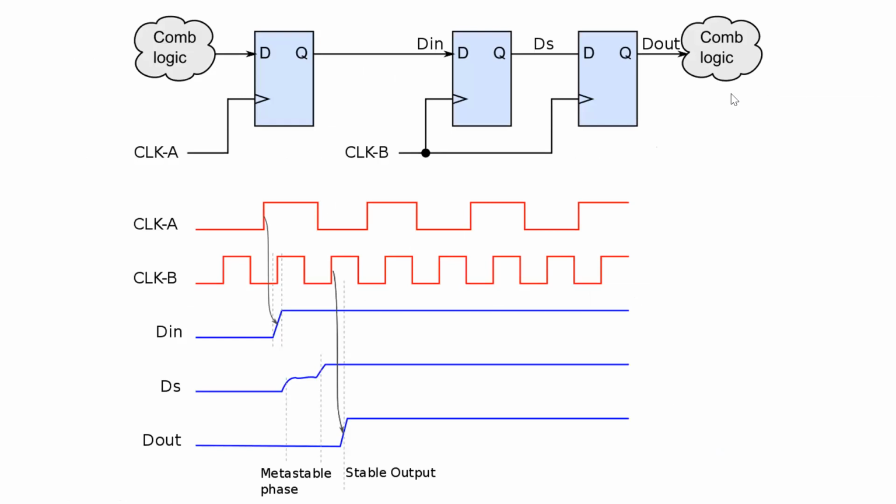Another example is this one. I have here combinational logic. I have this D, I have this Q, and this is clock A, feeding this system with clock B. Here I'm trying to mitigate the problem of metastability.